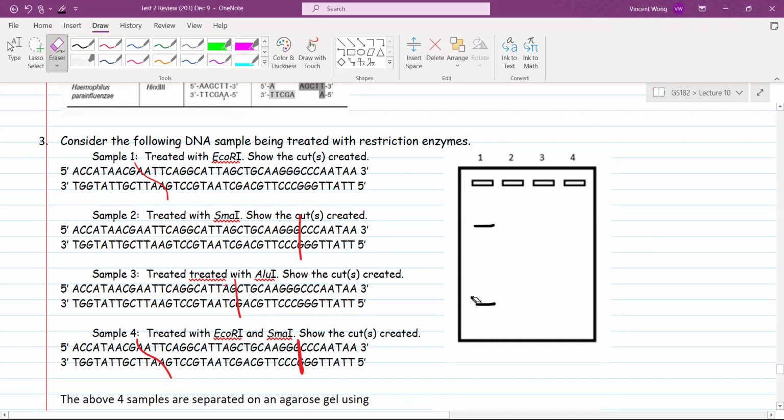So in relation to this fragment, I'm going to have to put it a little bit further down. And if this piece is shorter, then this one is going to be longer compared to the other one. So it's going to be a little bit higher up. Not like all the way up here. This is a little bit higher up. Okay.